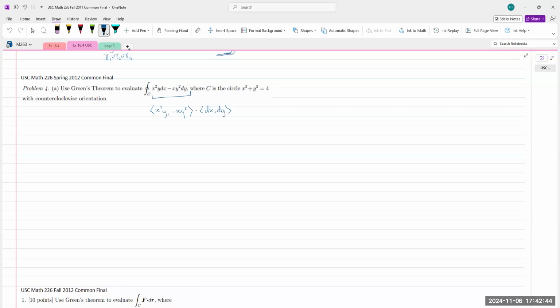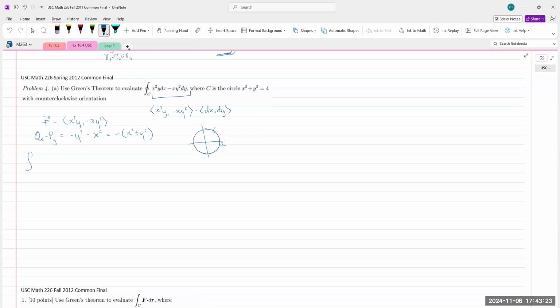Therefore the vector field is (x squared y, negative x y squared), and Q sub x minus P sub y will be Q sub x, that's negative y squared, minus P sub y, that's x squared. That's basically negative of (x squared plus y squared). Okay, and then C is a circle with radius 2, counterclockwise orientation.